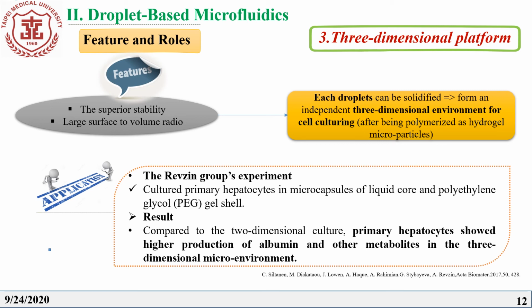He cultured primary hepatocytes in microcapsules with a liquid core and polyethylene glycol shell, and finally he found the primary hepatocytes showed higher production of albumin and other metabolites in a three-dimensional microenvironment than in two-dimensional cultures.